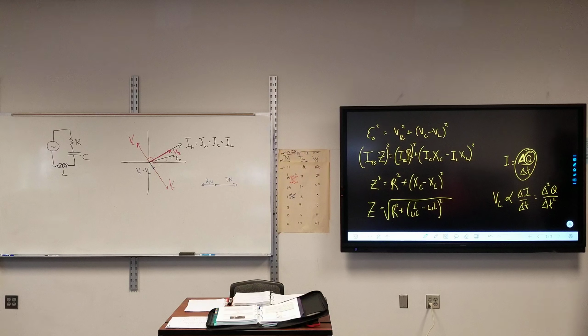In a slightly different point of view, this could be a calculus reference. I have charge here. The voltage of the capacitor depends upon the integral, and the voltage of the inductor depends upon a derivative.